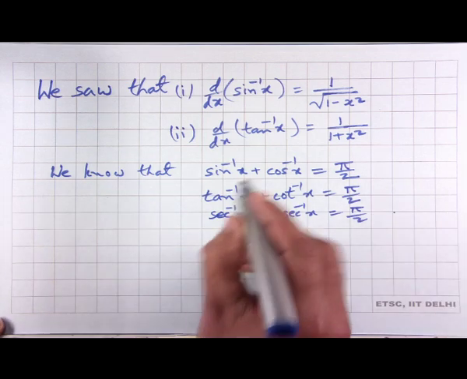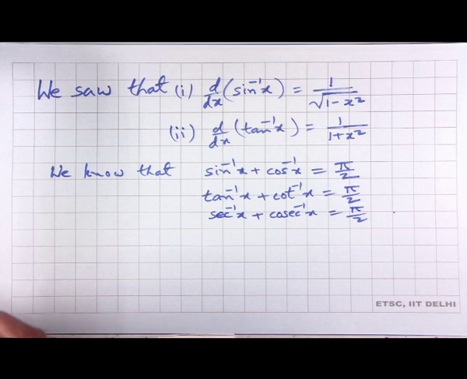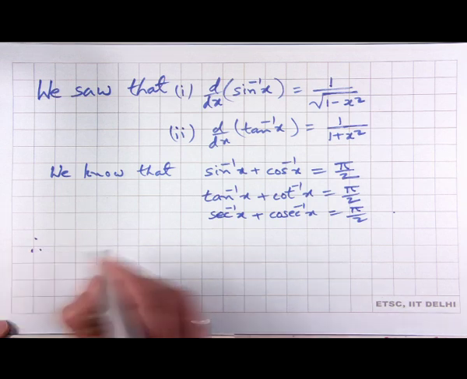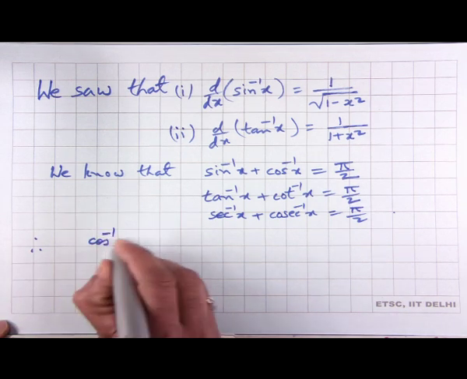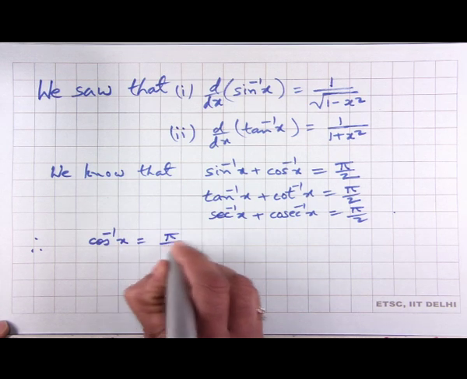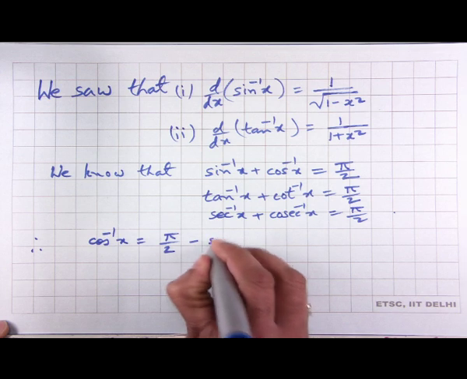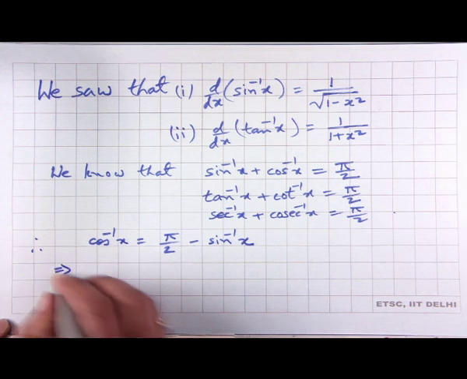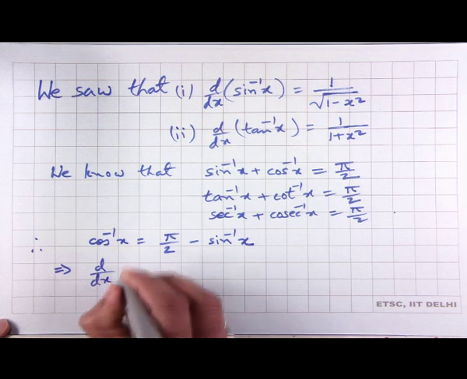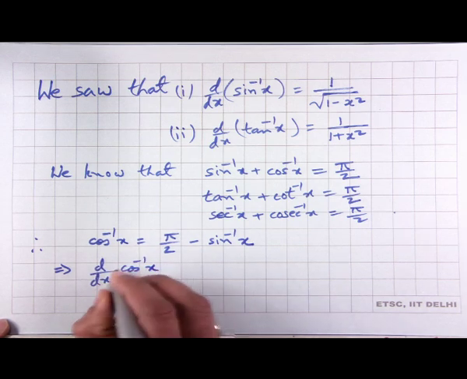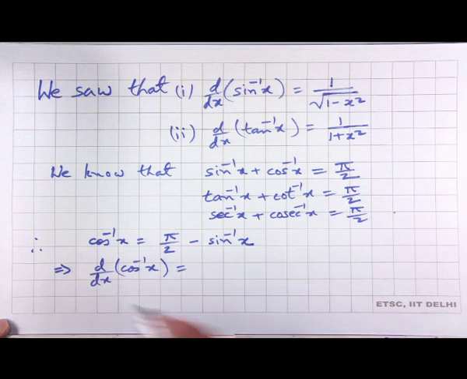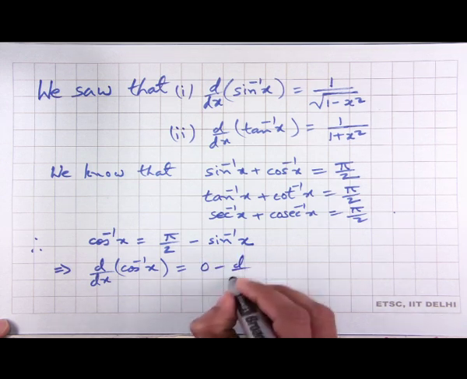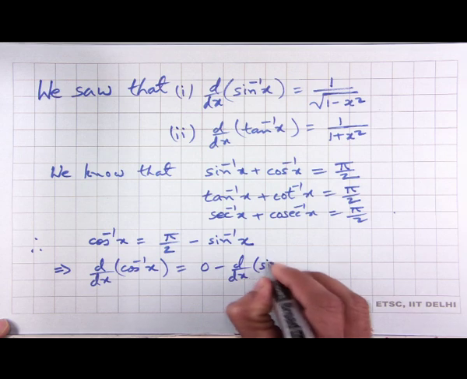So, once I know the derivative of sin inverse x, I can calculate the derivative of cos inverse x using this identity. So, therefore, cos inverse x is nothing but pi by 2 minus sin inverse x. This implies that the derivative of cos inverse x is equal to the derivative of pi by 2, which is 0, minus d by dx of sin inverse x.